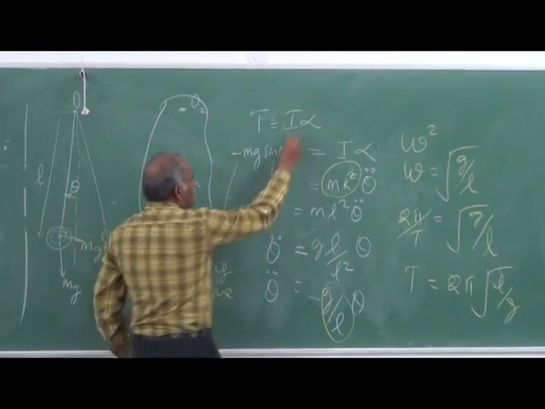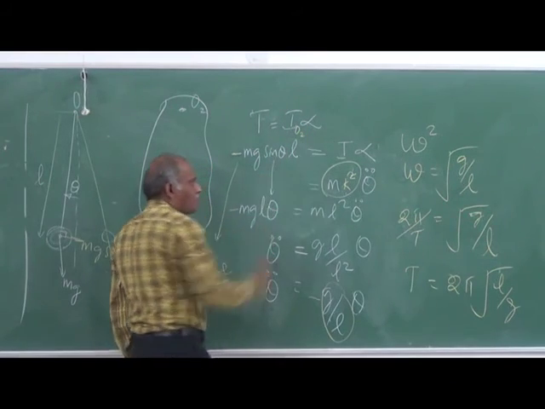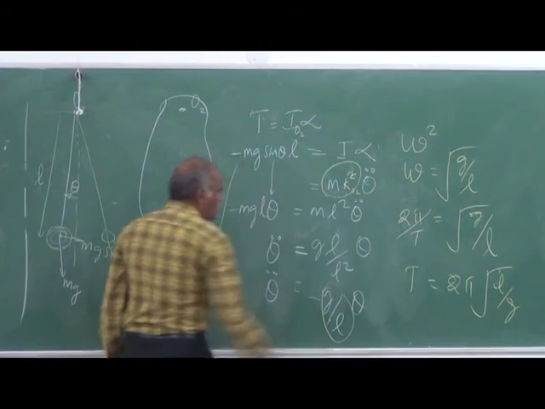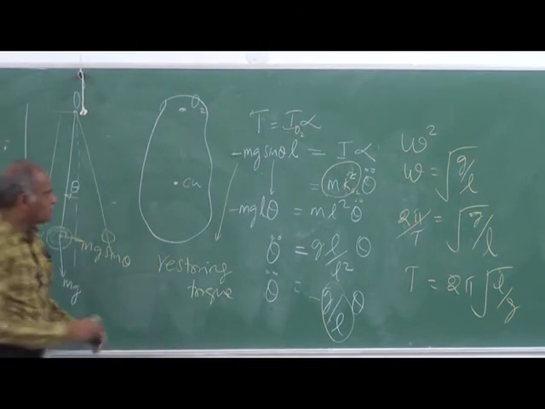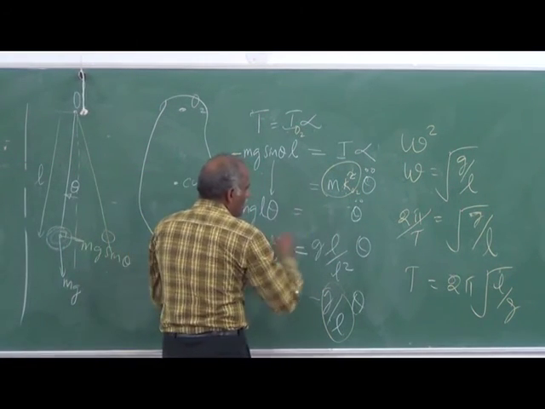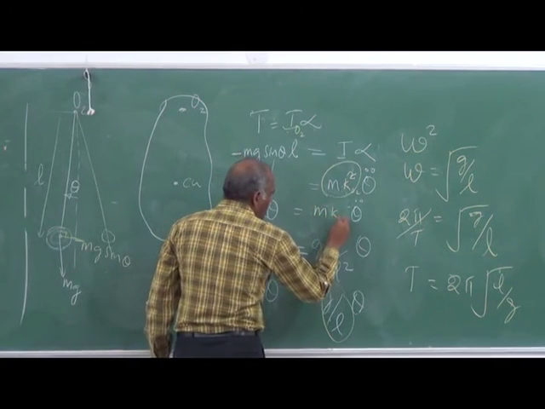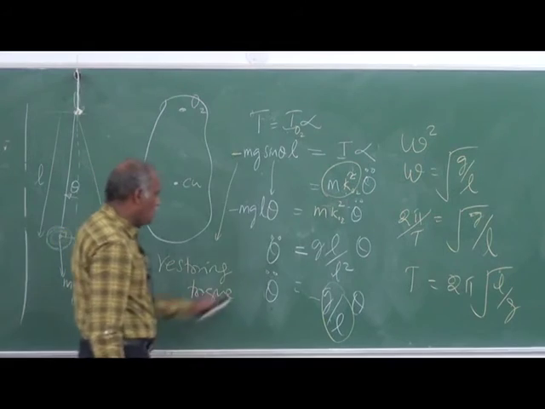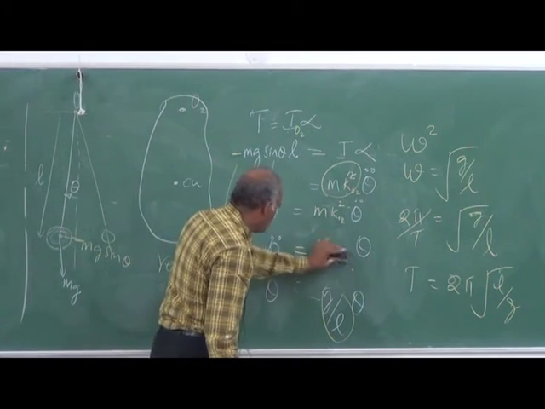This I represents with respect to O2. So k is with respect to O2. So I cannot do this here, I have to put it as m k O2 square.